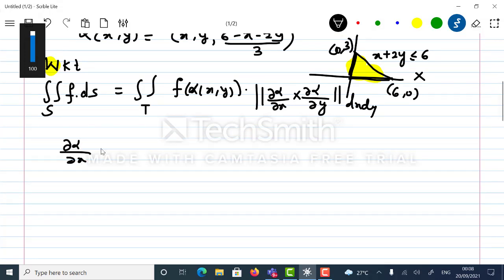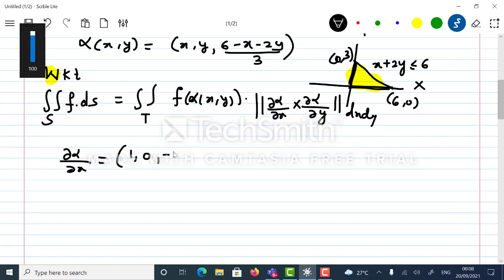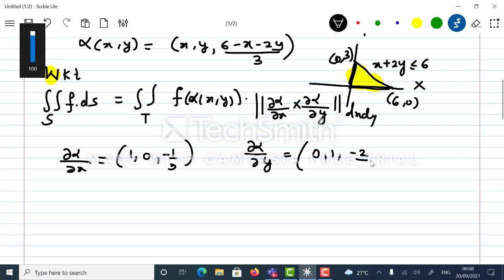So dou alpha by dou x is 1 comma 0 comma minus 1 by 3. Dou alpha by dou y is 0 comma 1 comma minus 2 by 3, and then I need to find out the cross product, dou alpha by dou x cross dou alpha by dou y.